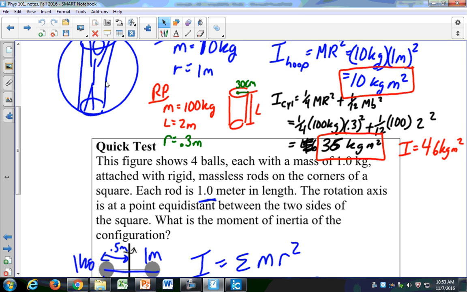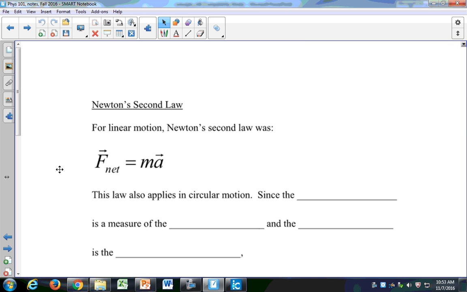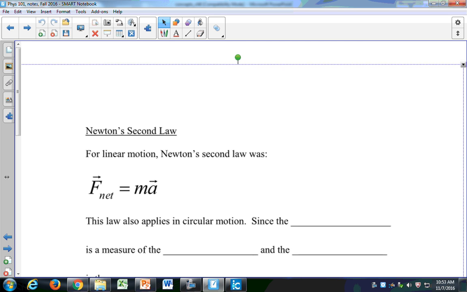Let's look now at Newton's second law as it relates to angular motion. We saw Newton's second law in chapter 4, this whole F equals ma.